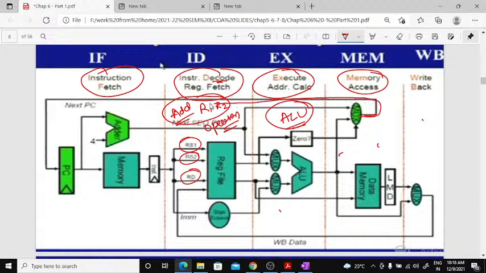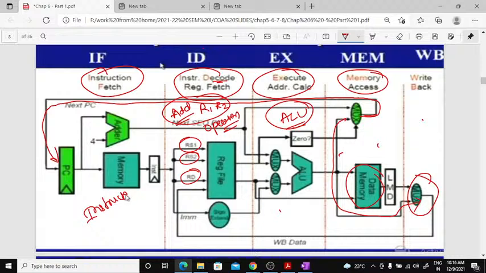Here it is accessing some data from the memory address, and also here it is providing the data to the write result. So just keep in mind, data memory and instruction memory are both different.